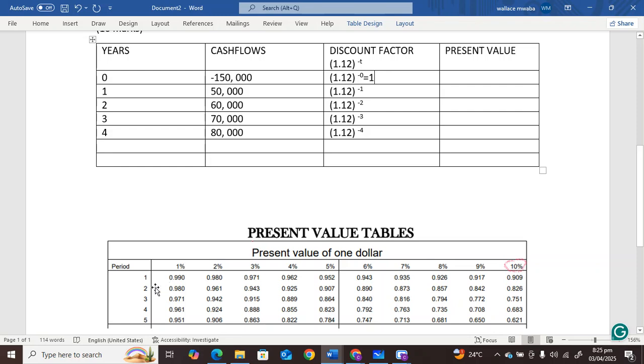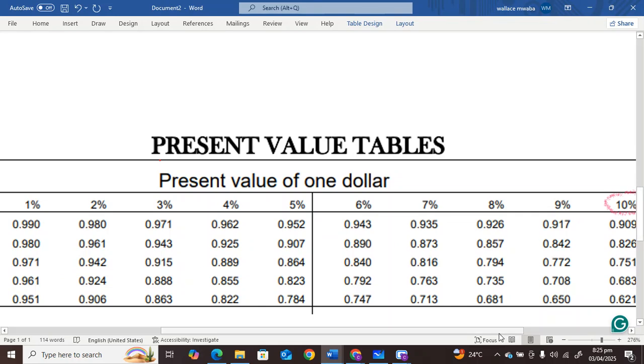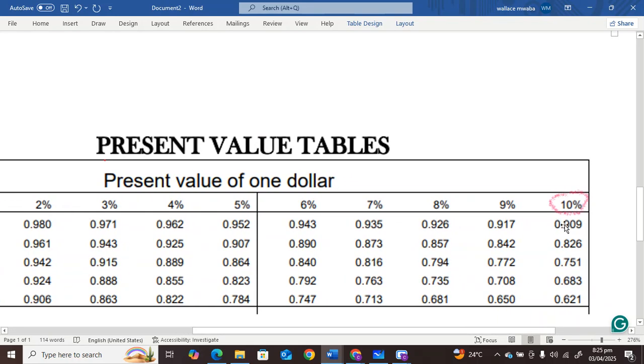Year 1, your discount factor here under 10% is 0.909. Hope we're able to clearly see the figures. 0.909, this is the discount factor for year 1.